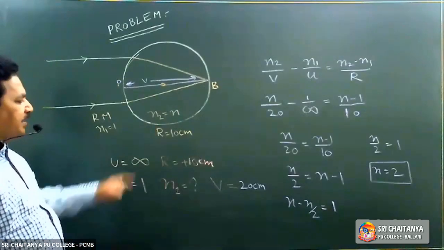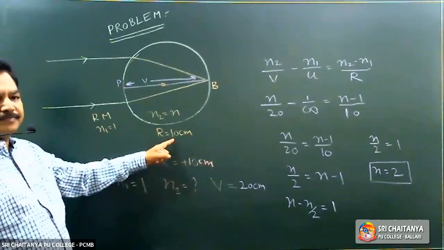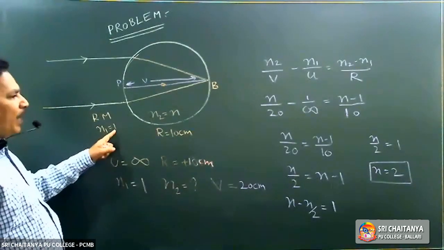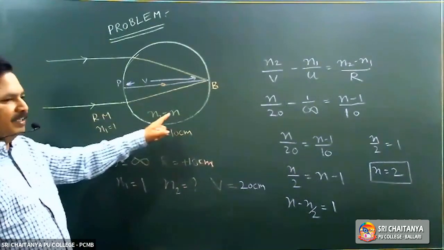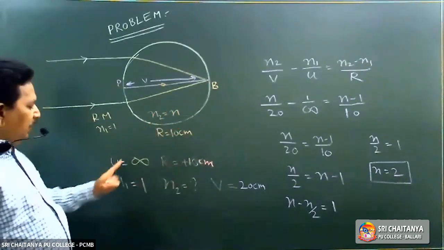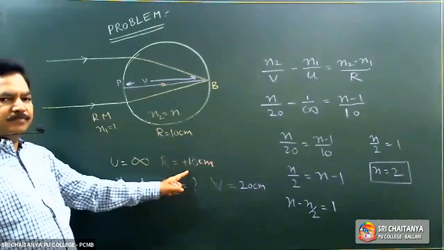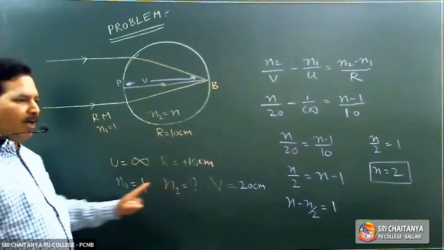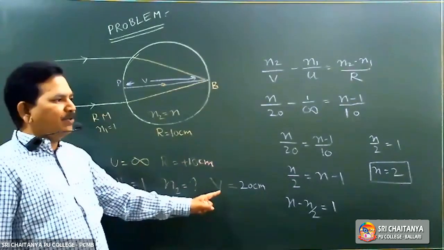The radius of curvature of the sphere is 10 centimeters. N1 value is 1, the rarer medium is air. You are asked to calculate the refractive index of the sphere. U value infinity, R value 10, N2 value we have to find out, and also N1 value 1, V value 20.